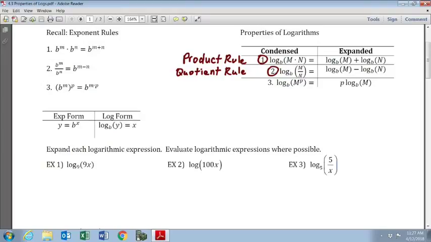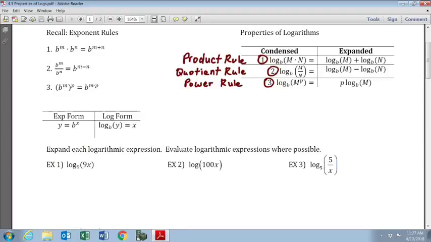The log of a quotient, m divided by n, is equal to a difference in logs. And the last one is the power rule. The log of m to some power is equal to that power times the logarithm. So basically we move the p off the m and it goes out front.